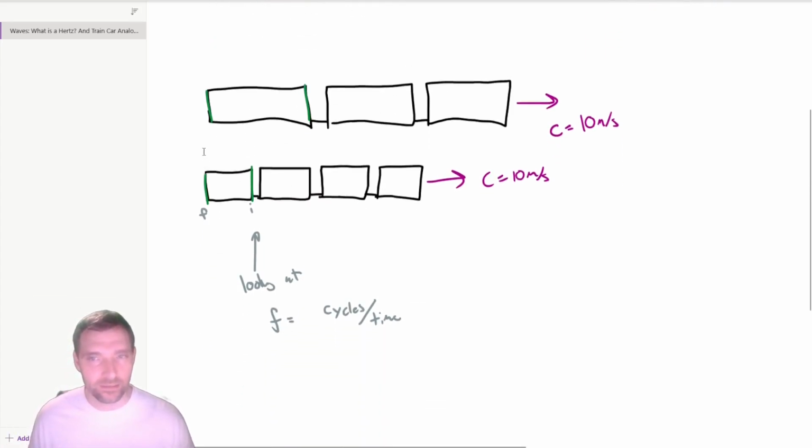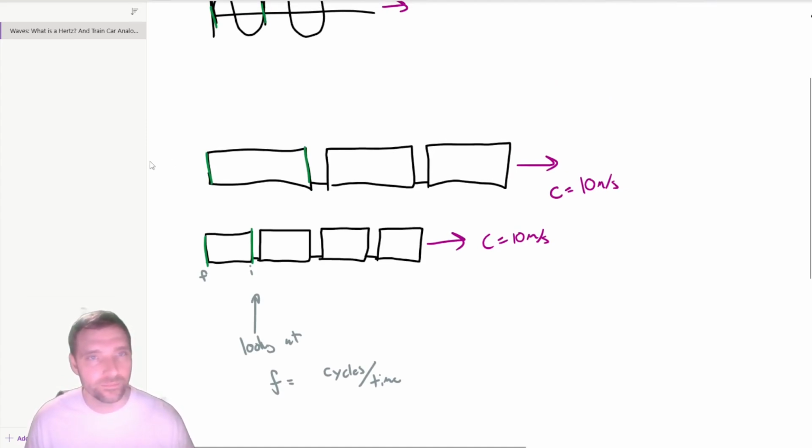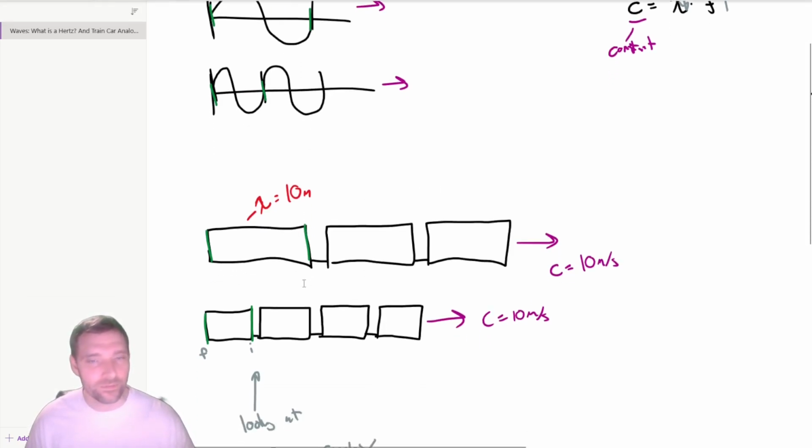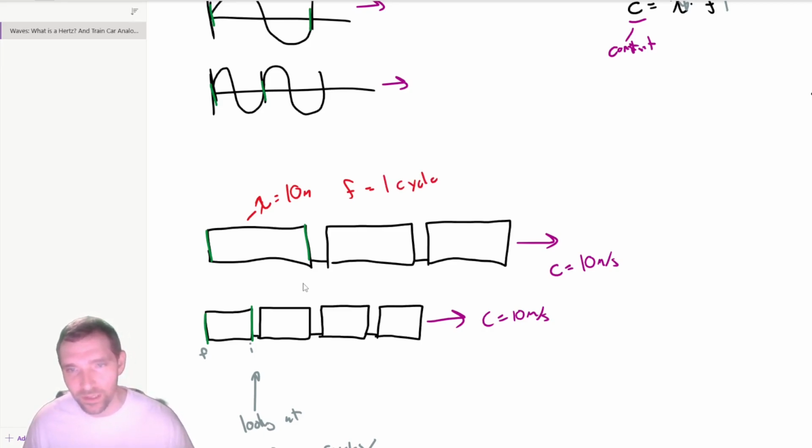So let's do this as red light. Let's say that this has a wavelength of 10 meters. Well, that means that its frequency is going to be only one train car going by every second. So there's only going to be one cycle per second.